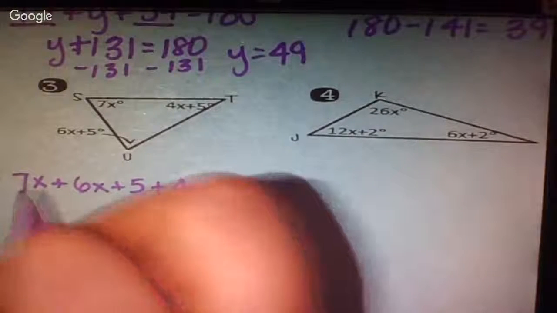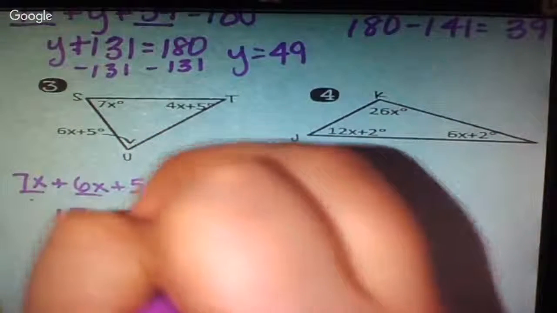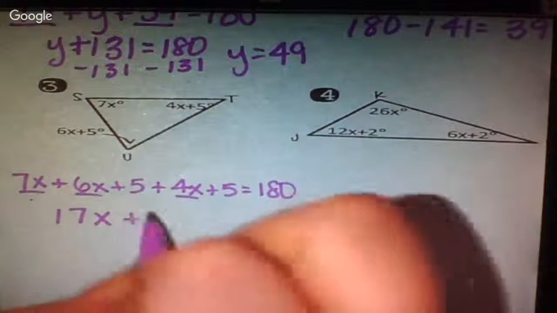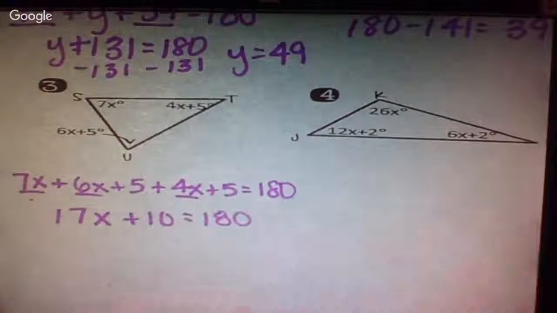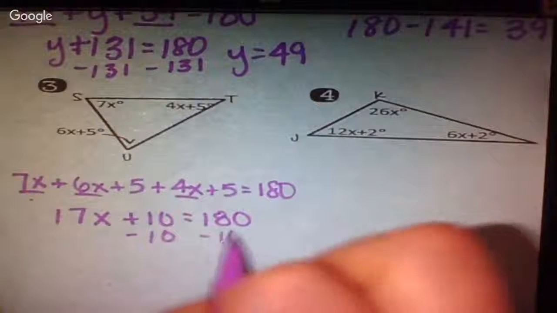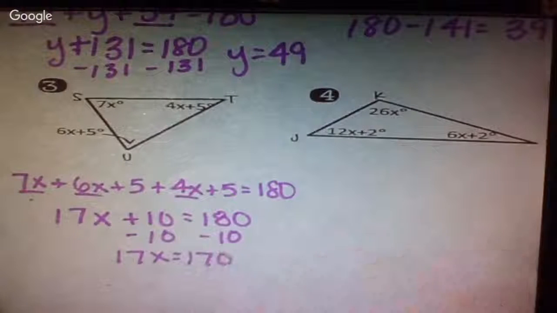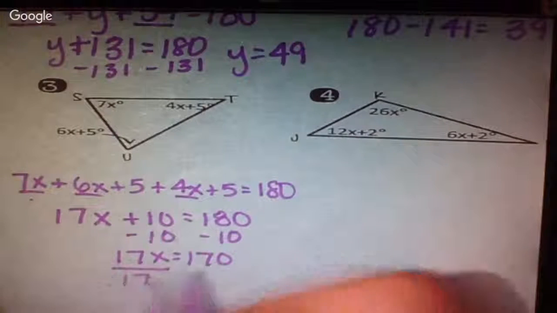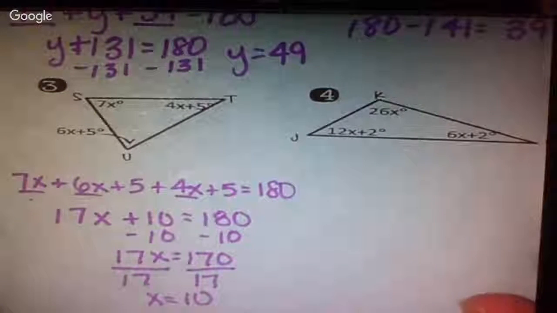Combine all your like terms. 17x plus 10 is 180. Subtract 10. 17x is 170. Divided by 17, x equals 10.